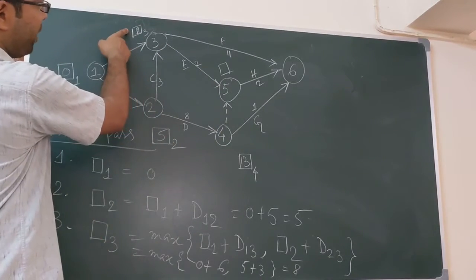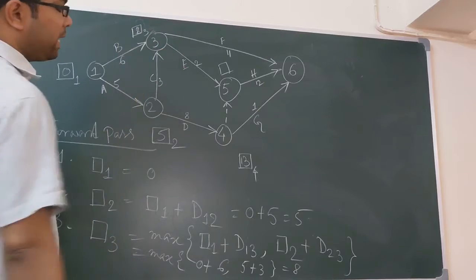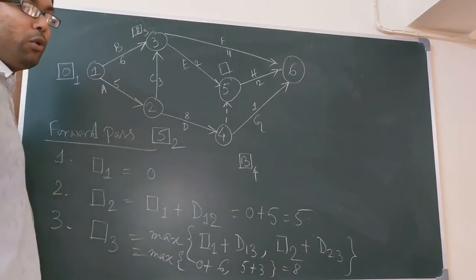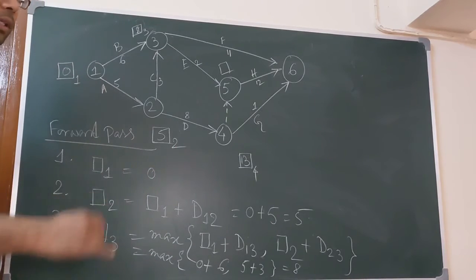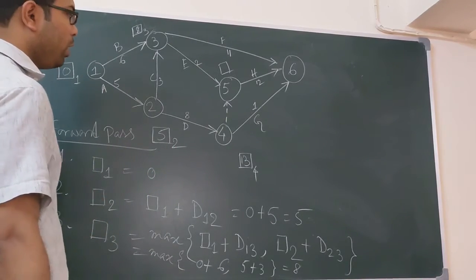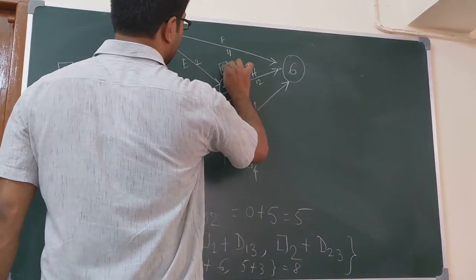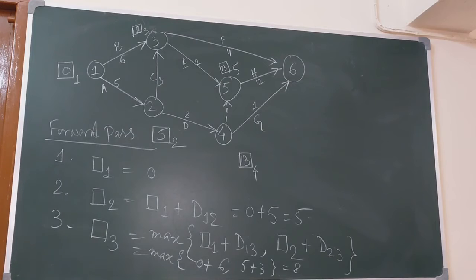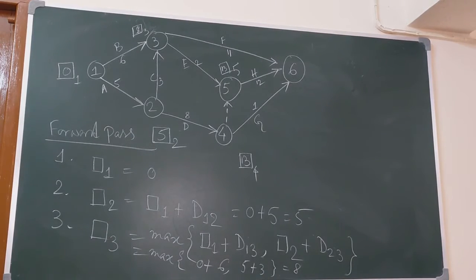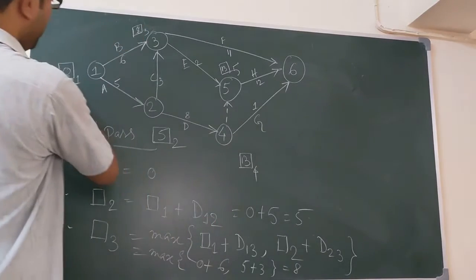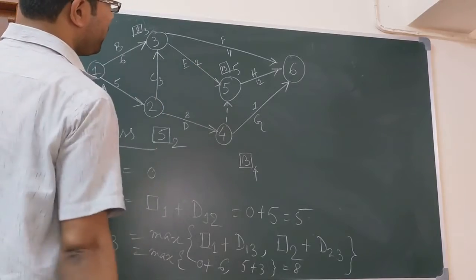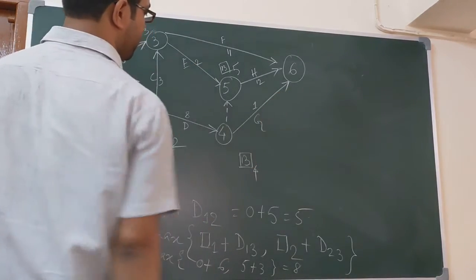So from 3 to 5, 8 plus 2, that is 10, and 13 plus 0. Which one is the maximum? 13 is the maximum. That's why we put 13 here. Okay. Already computed these boxes, and this is box 6.